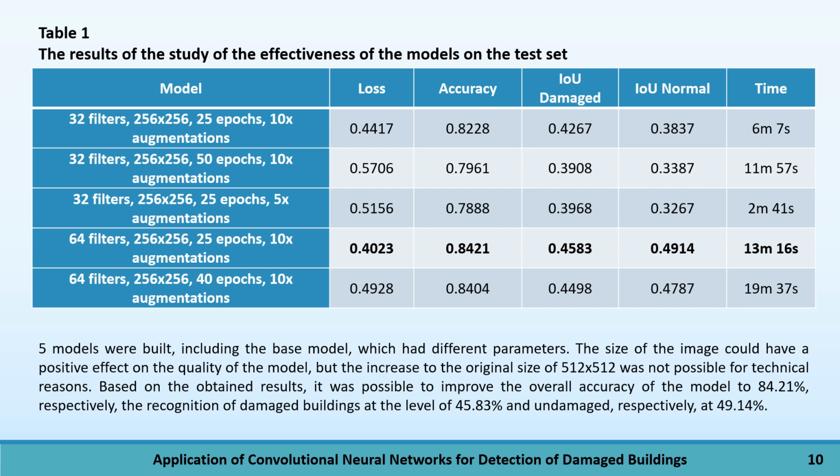Based on the obtained results, it was possible to improve the overall accuracy of the first model to 84.21%, and the recognition of damaged buildings to the level of 45.28%, and undamaged buildings to 49.20%.